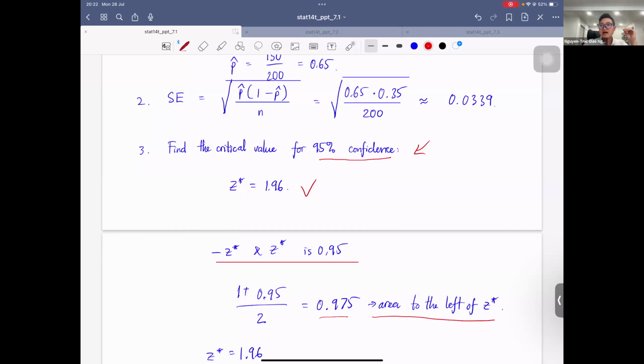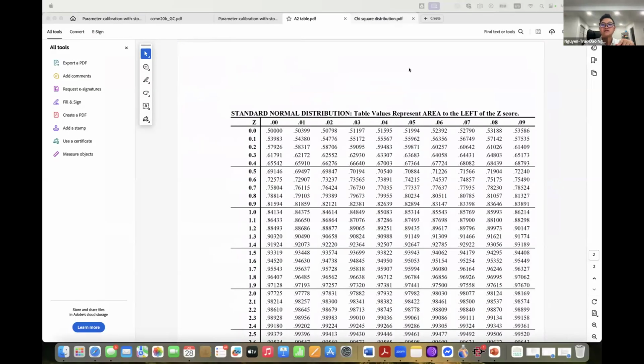After that, I will use a table to find the z value corresponding to an area to the left of z star of 0.975. So this is 0.975 right here, right? That's why I have 1.96. That is the z star.